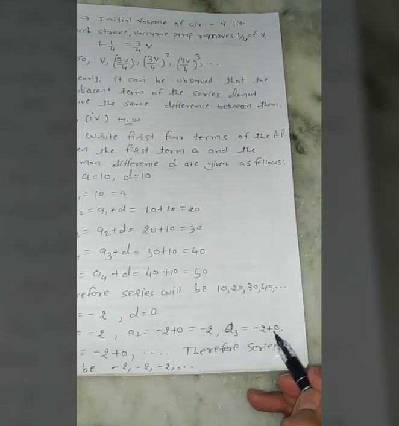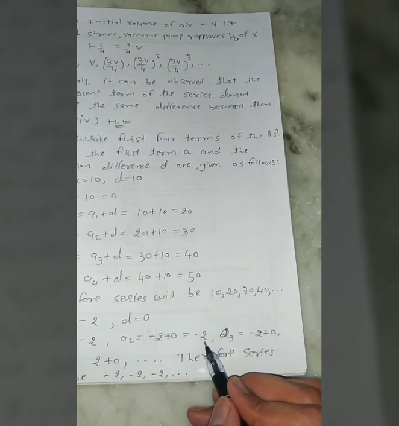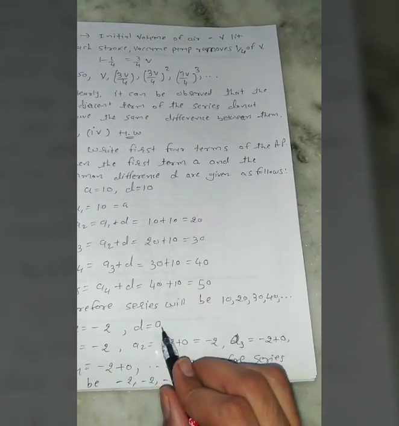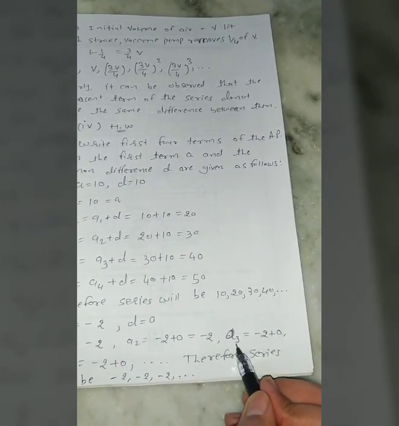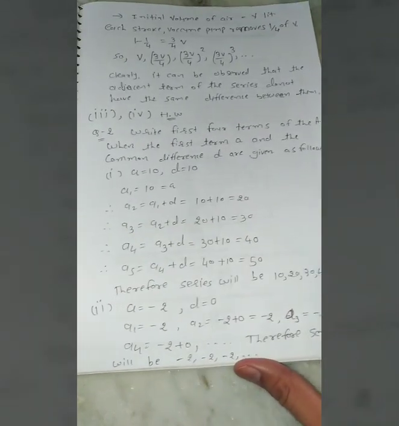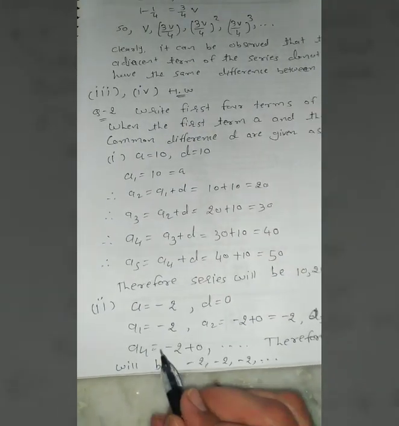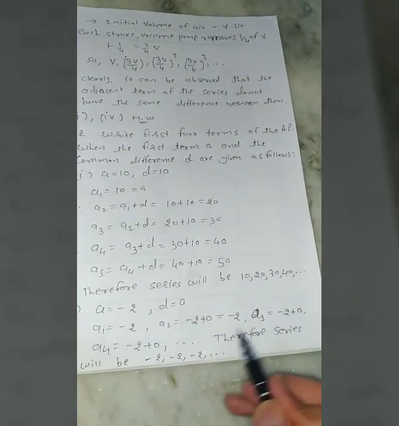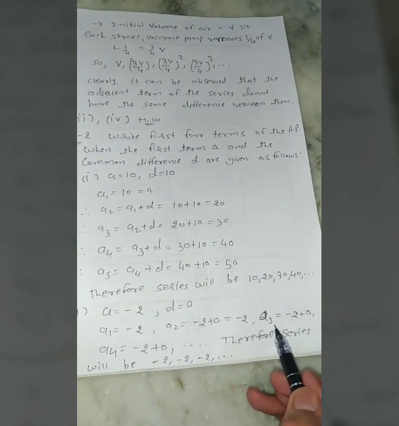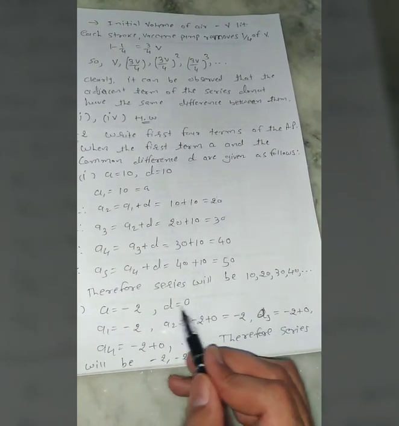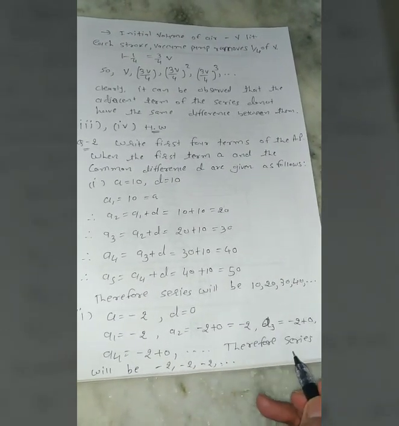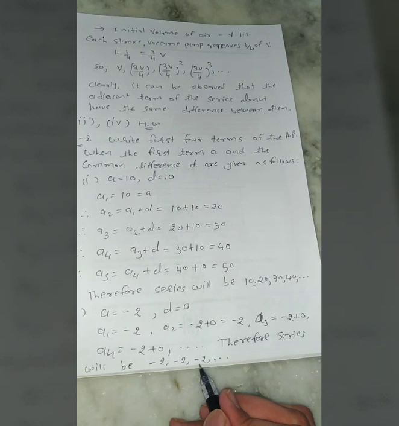Then next a3 is equal to a2 plus d. a2 is equal to minus 2 and d is equal to 0, so a3 is equal to minus 2. Then next a4 is equal to a3 plus d, so a3 is equal to minus 2 and d is equal to 0, so a4 is equal to minus 2. Therefore the series will be minus 2, minus 2, minus 2 up to infinite.